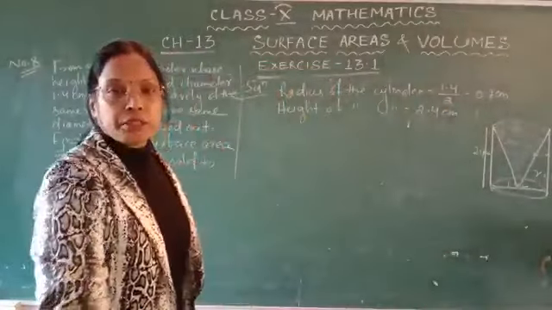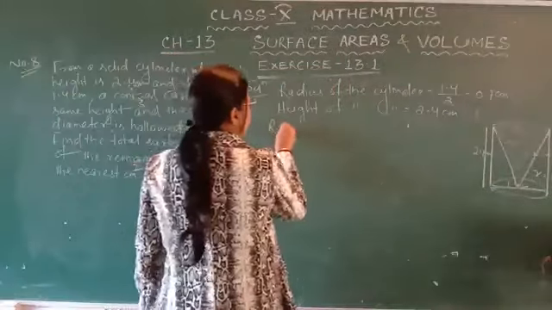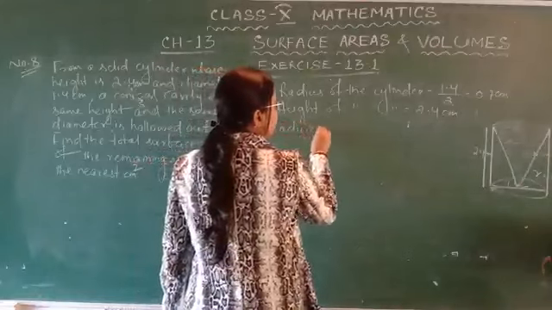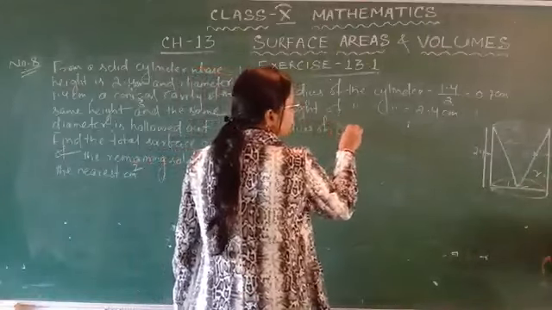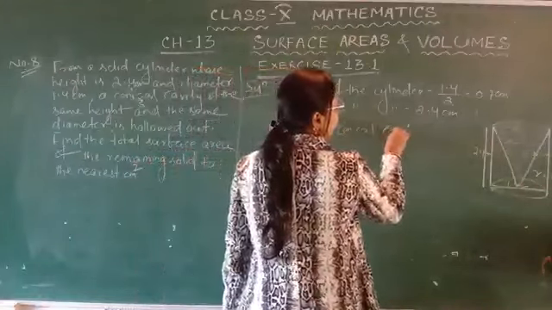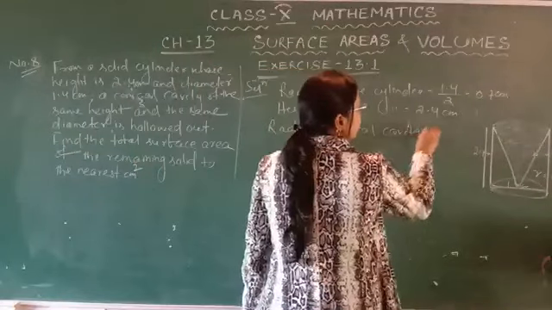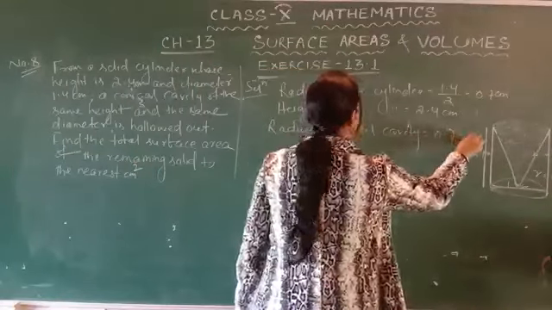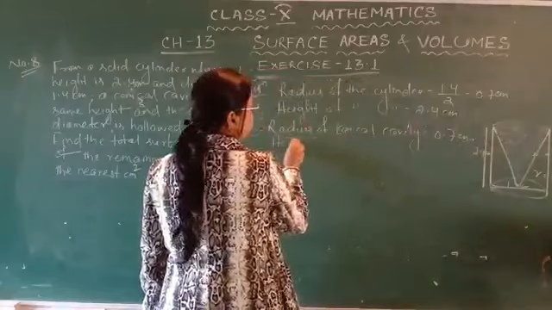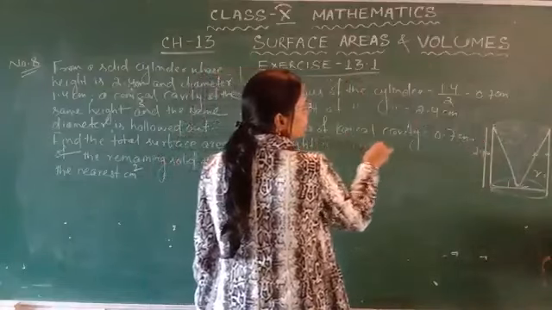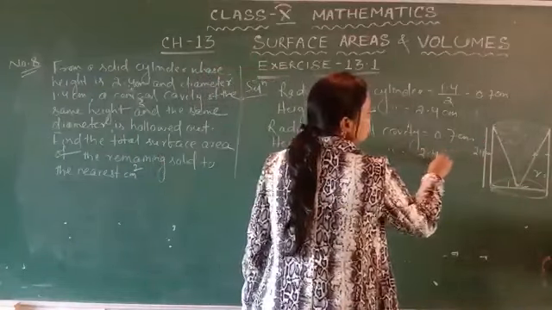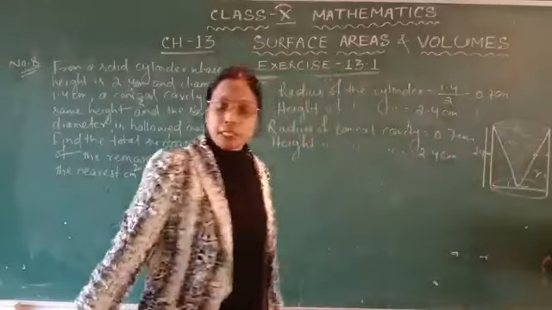And according to our question, the radius of the conical cavity is also 0.7 centimeter and height of the conical cavity is also 2.4 centimeter.